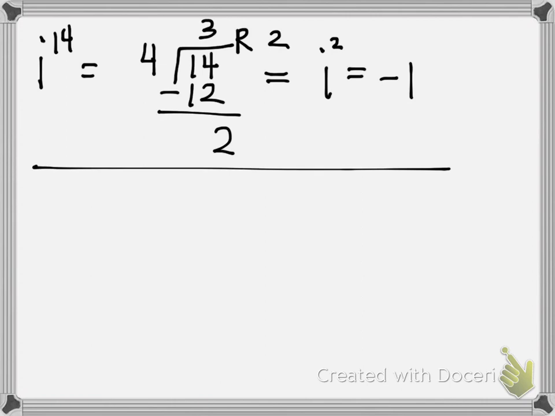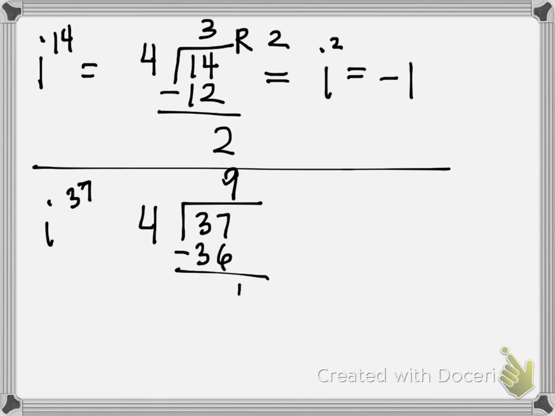Let's try another one. What if I have i to the 37? Okay. So, because you know i's have patterns of 4, you divide 4 into 37. Well, 4 goes into 37 9 times. 9 times 4 is 36.